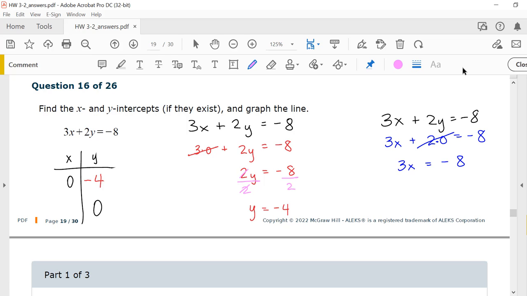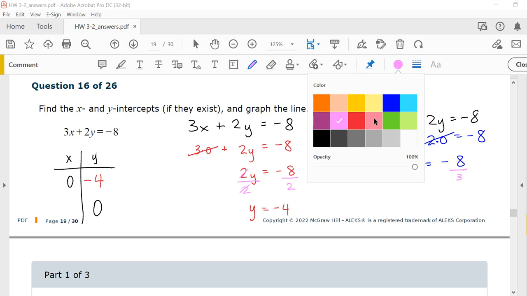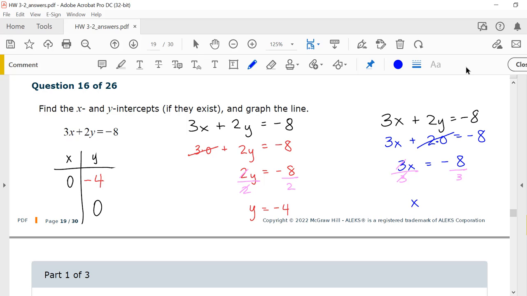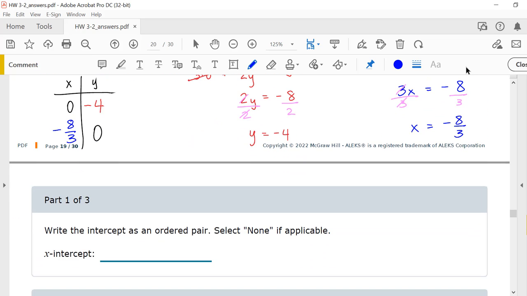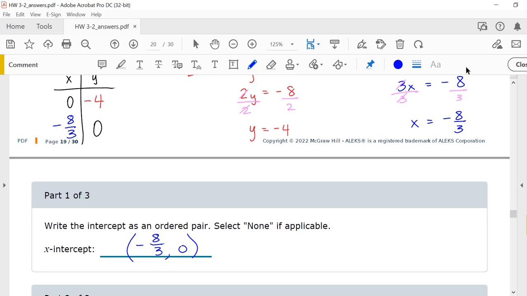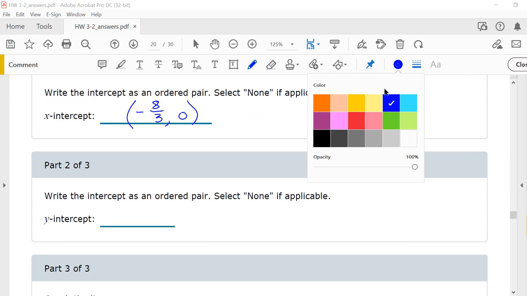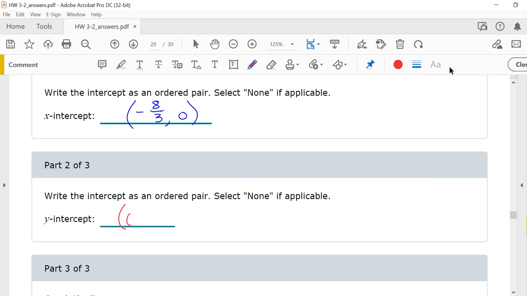Dividing both sides by 3 leaves me with x equals -8/3. So x is -8/3 when y is 0. So my x-intercept would be the ordered pair -8/3, 0. My y-intercept would be the ordered pair 0, -4.